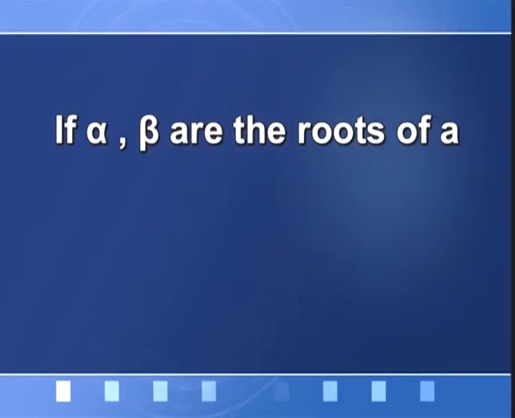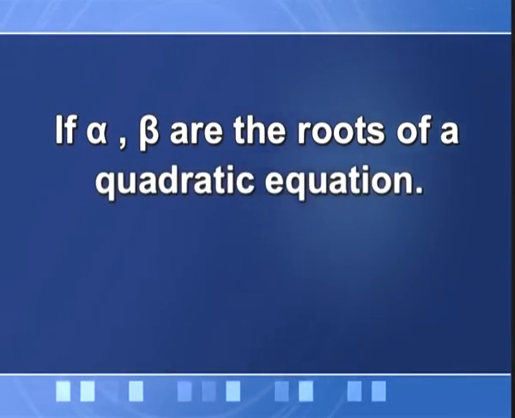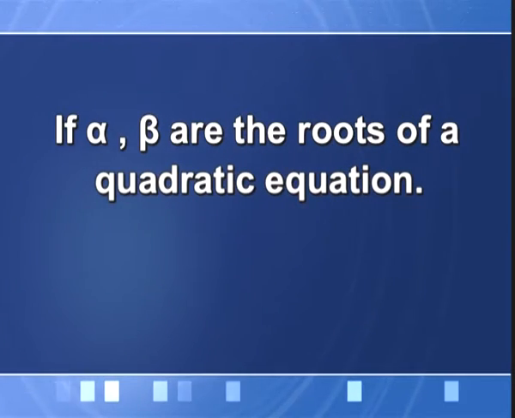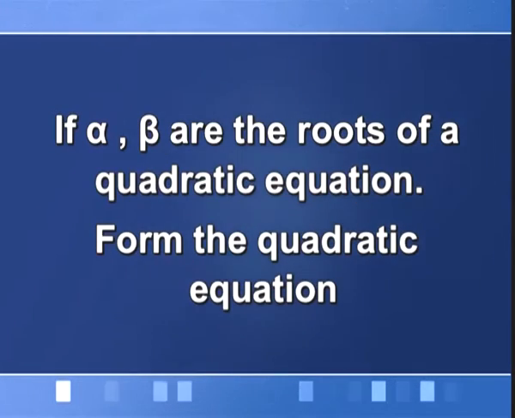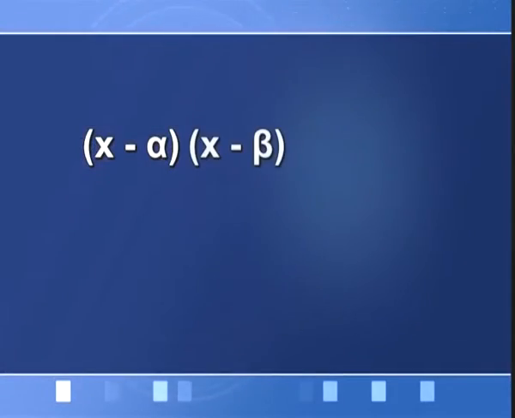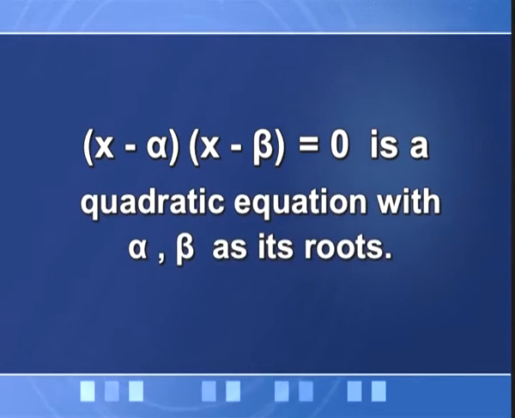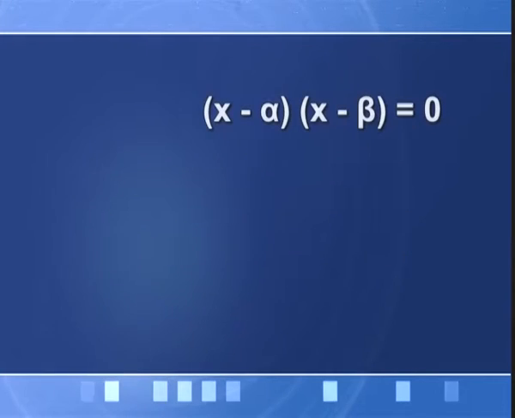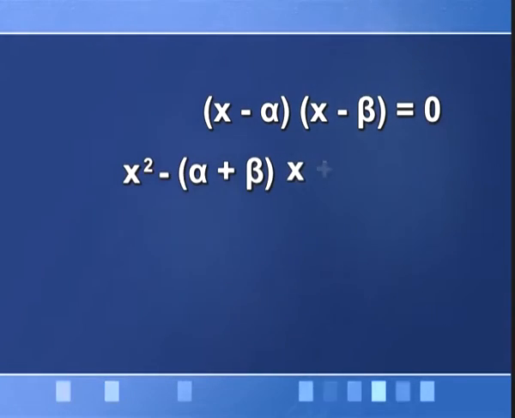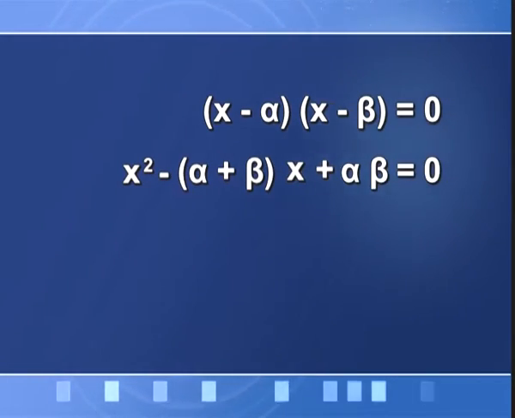Now, we take a situation where I say alpha and beta are the roots of a quadratic equation, this is given to us. We want to form a quadratic equation with these roots, very simple, alpha and beta were obtained by factorization. So, the quadratic equation is going to be x minus alpha into x minus beta is equal to 0, which when simplified gives you x square minus alpha plus beta into x plus alpha beta is equal to 0.